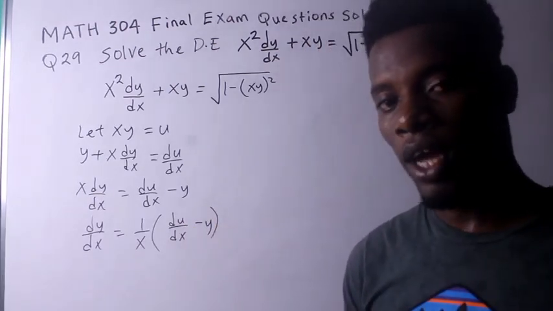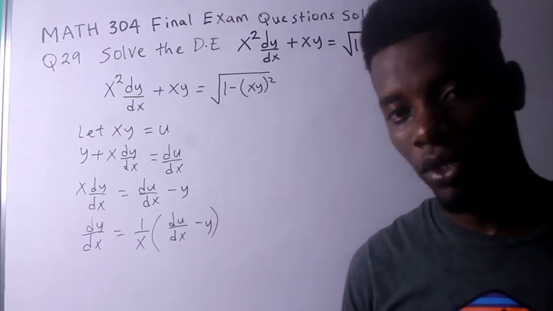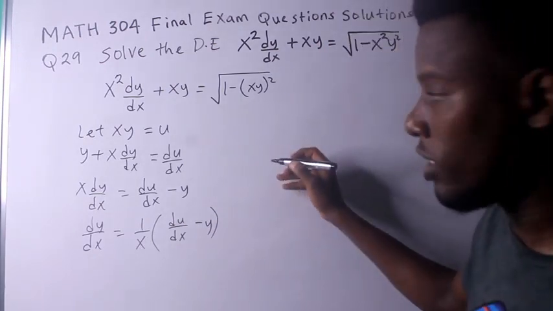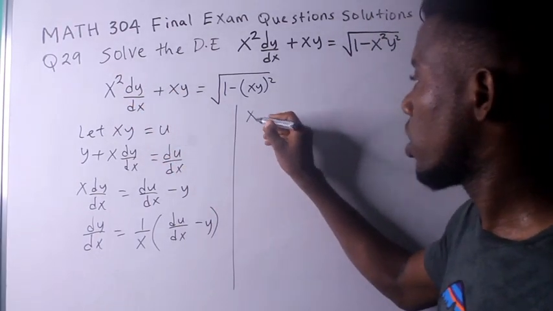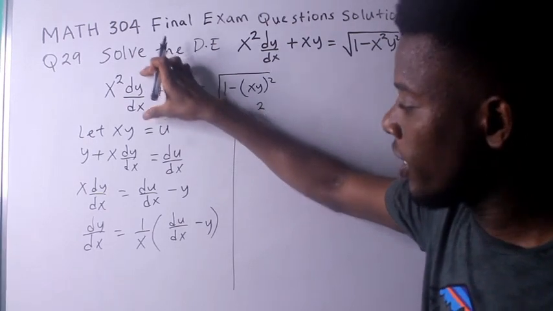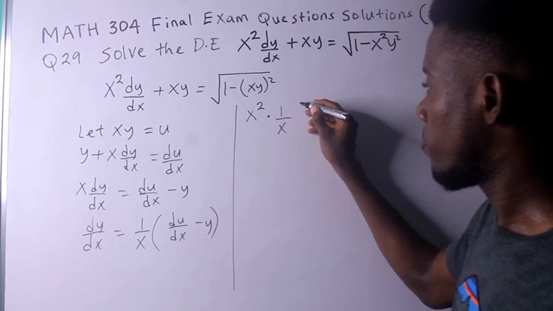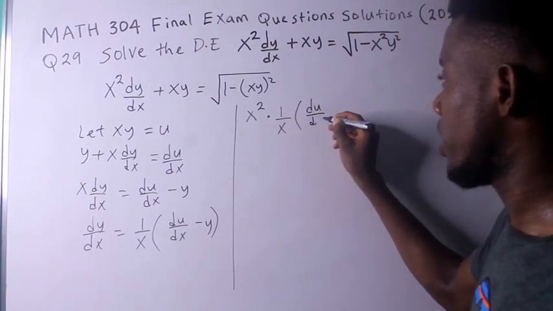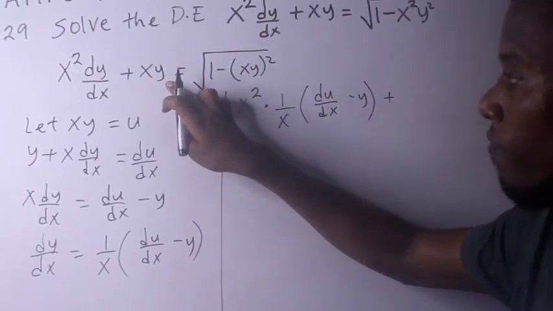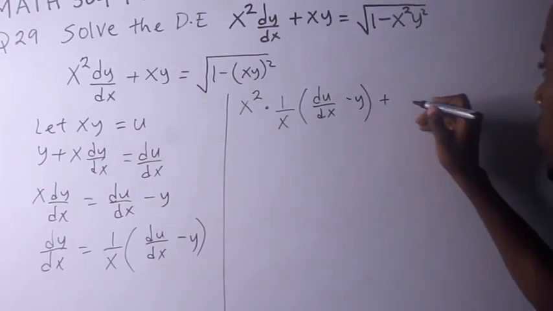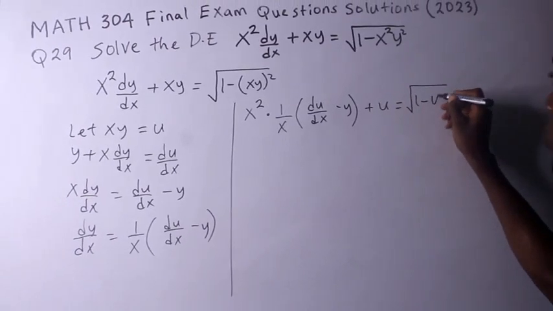Once I'm done with that, I can go to the original differential equation and substitute these values for their respective identities. I will have x squared, and dy by dx is this, so I will say 1 over x, parenthesis open, du by dx minus y, plus, what is xy? Xy is u, plus u equals the square root of 1 minus u squared.